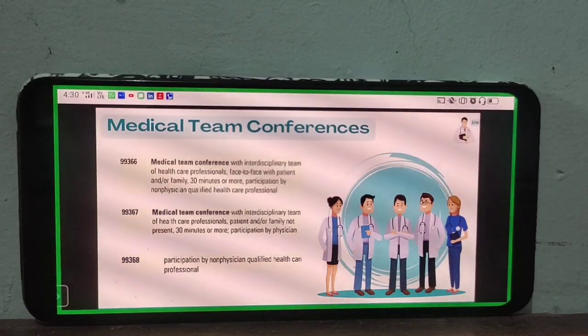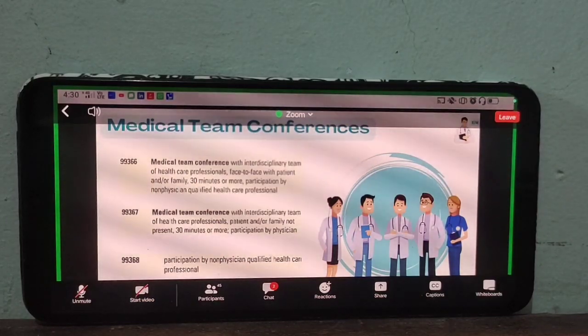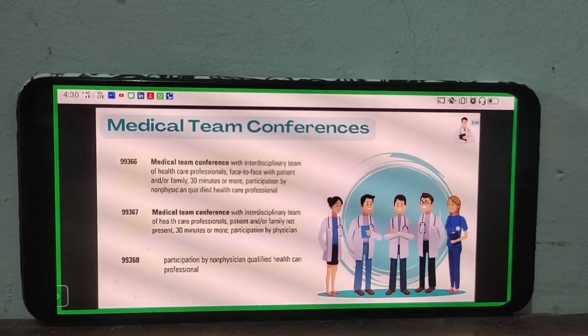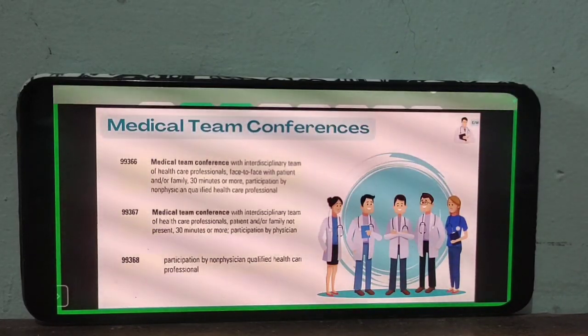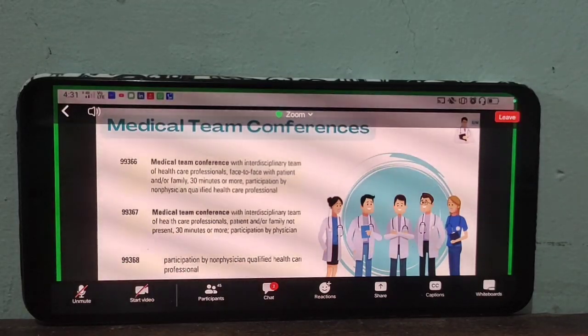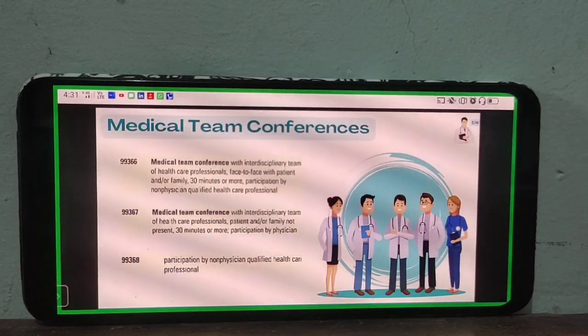The patient and family members are also present in that conference. If the patient and the family members are definitely present in that conference, go for 66. For 67, without the patient, only doctors are present in that conference. That is the difference between 66 and 67. Did you understand now? Yes, ma'am.